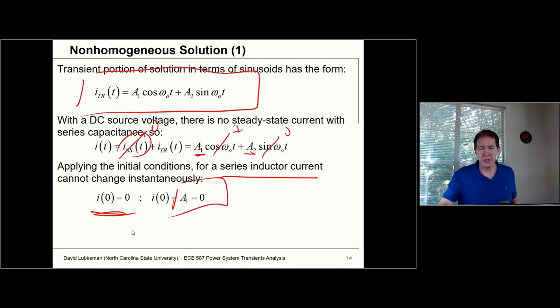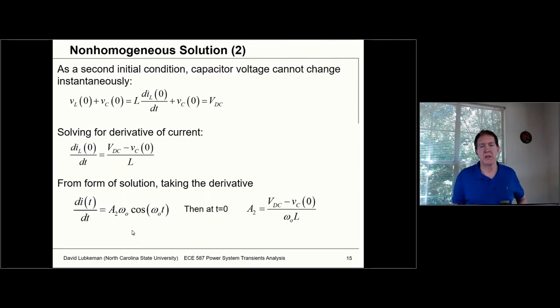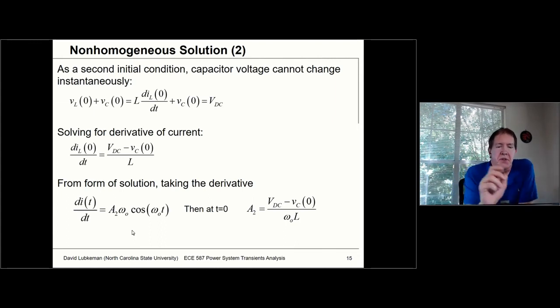Where this gets a little more complicated is applying the second boundary condition. If you go back to the original circuit, you know that at time equals 0, the inductor voltage plus the capacitor voltage had to sum up to VDC.